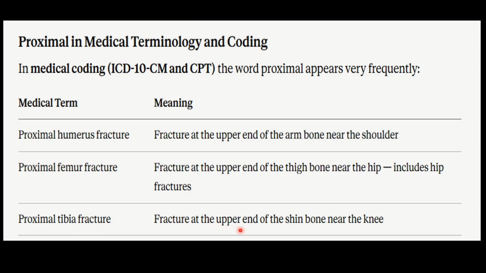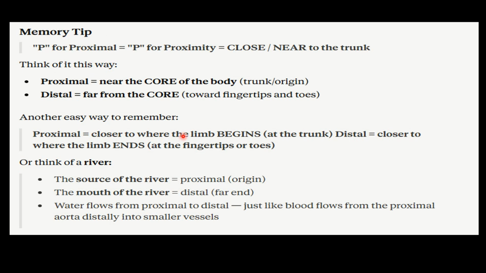Proximal tibia fracture, that is a fracture at the upper end of the shin bone near the knee. So these are not the only terminologies; there are other terms as well, which we frequently use to show something related to proximal and distal in medical coding.